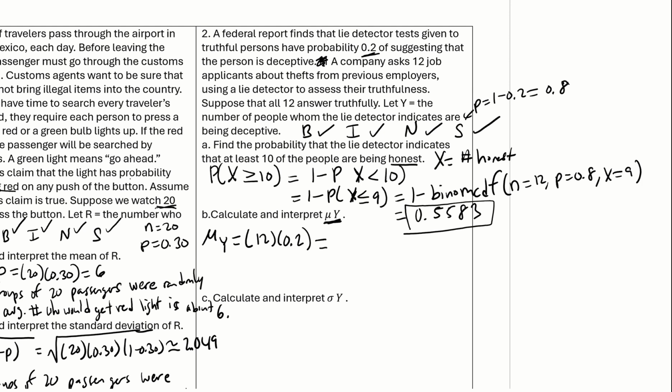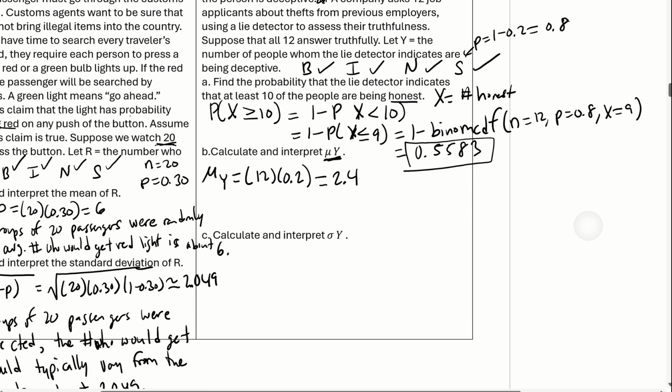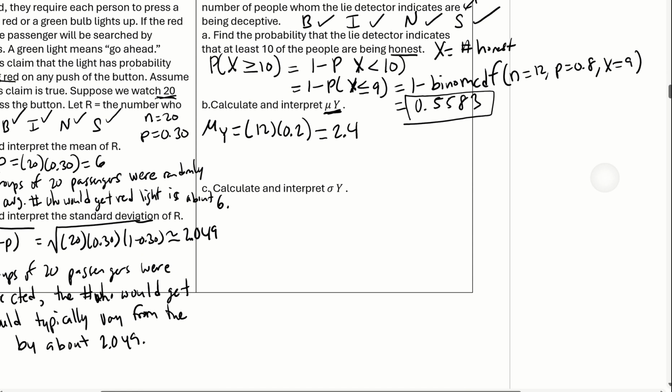So we got 12 times 0.2 is 2.4. So 2.4 people we would expect to be dishonest, right? On average, if many groups of 12 people are randomly selected. Oh yeah, so we have to interpret it. So let's do that now.